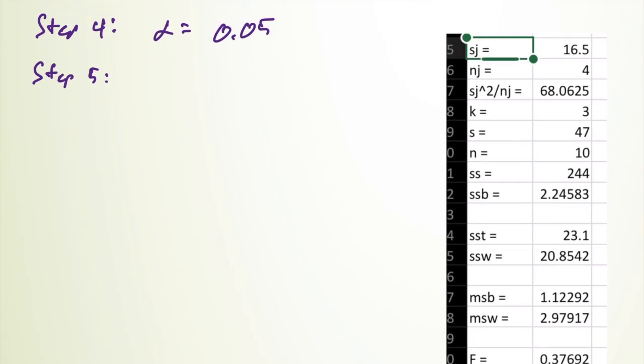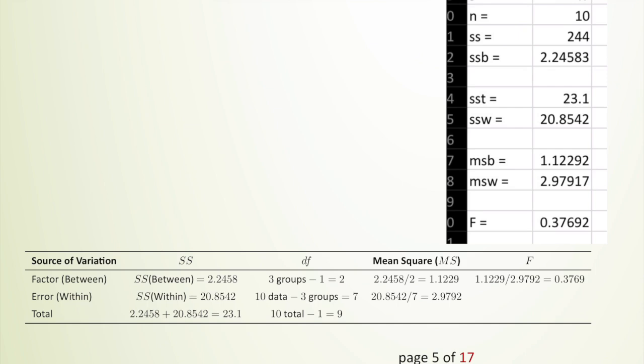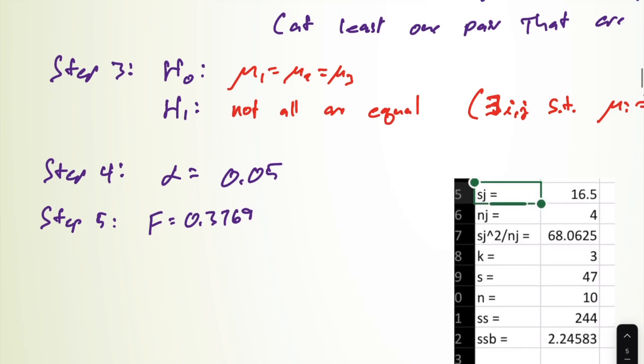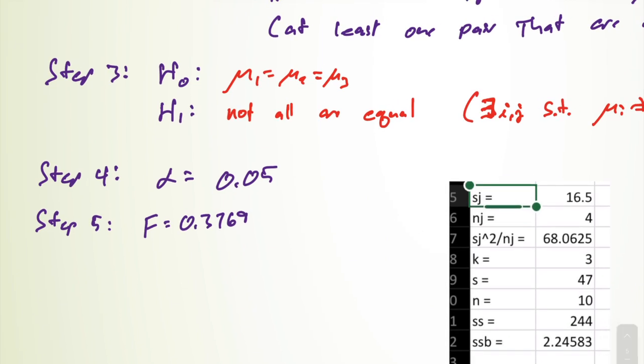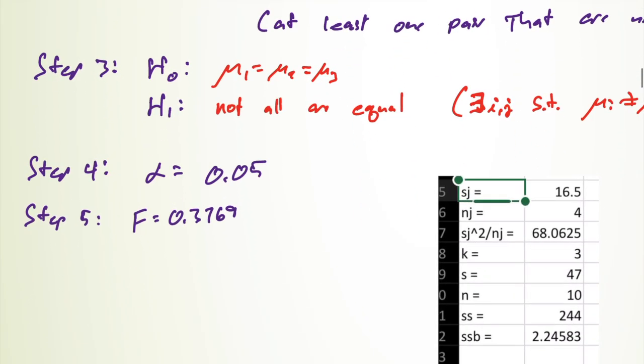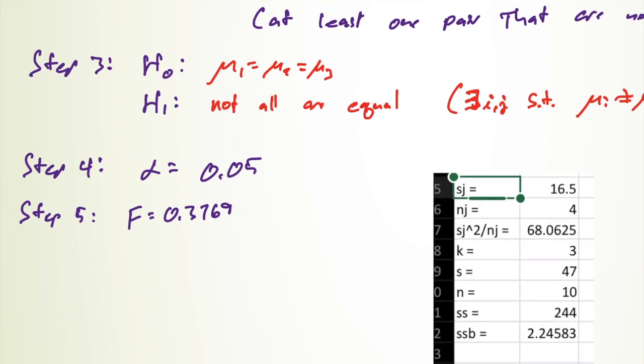So what that tells me is that my F statistic here is going to be 0.3769. But I don't have my p-value. I need my p-value. Now, these tests are always going to be right-tailed.